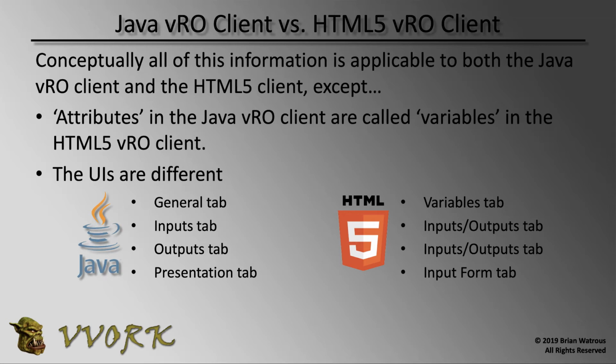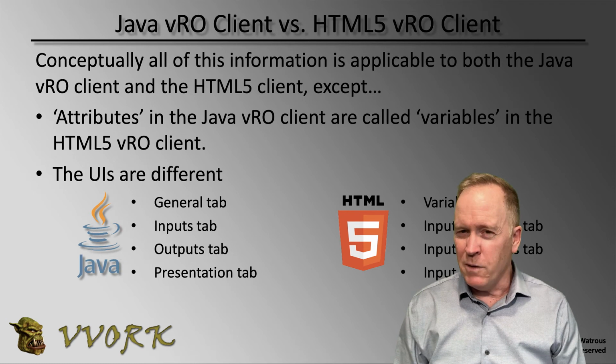As you continue to look down these two bullet lists, you'll notice that the Inputs tab and the Outputs tab of the Java client are represented in a single tab called the Inputs Outputs tab in the new HTML5 client. And what used to be called the Presentation tab in the Java client is now known as the Input Form tab in the HTML5-based vRO client.